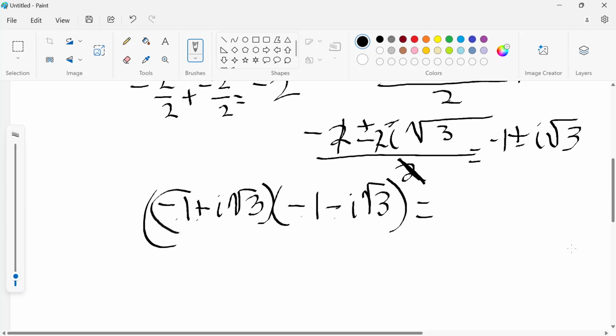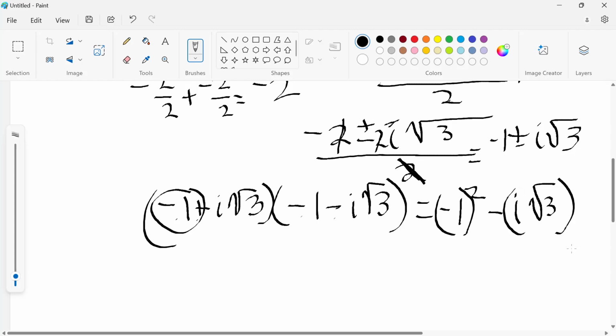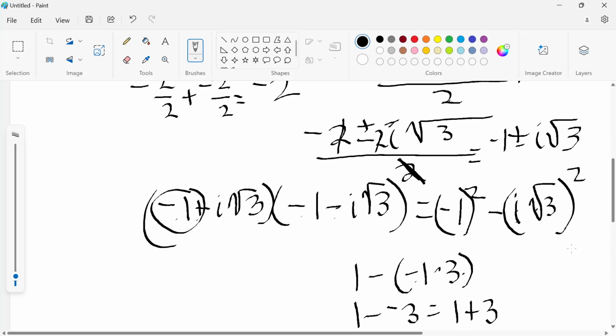That's going to be this squared, negative 1 squared, minus i square root of 3 squared. Negative 1 squared is 1, minus i squared is negative 1, so minus negative 1. The square root of 3 squared is 3. 1 minus negative 1 times 3 is negative 3, which is equal to 1 plus 3, which is equal to 4.